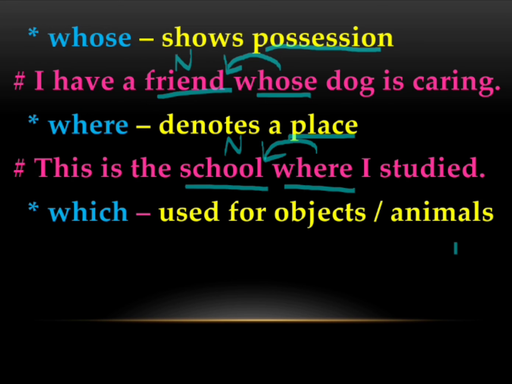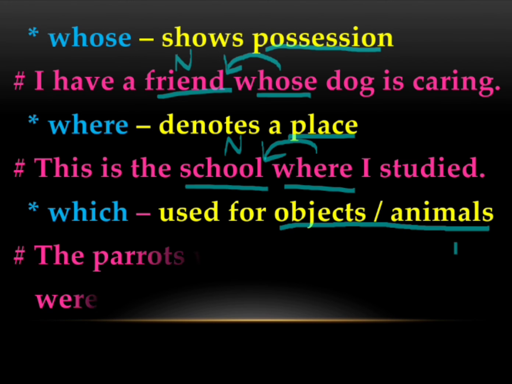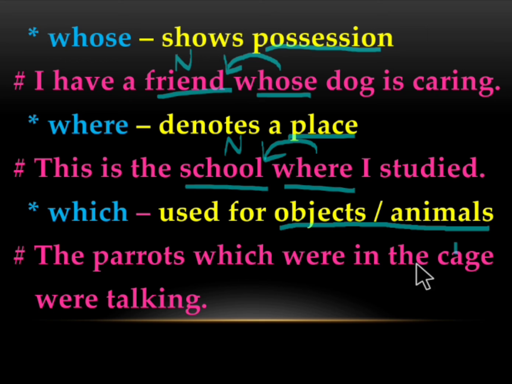The next one, which. Which is used to define an object or animals. The parrots which were in the cage were talking. The parrots is the noun. So which is used to describe this parrot, and so this which is the relative pronoun.